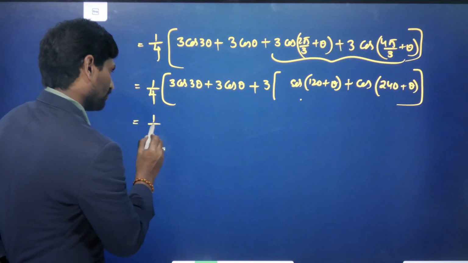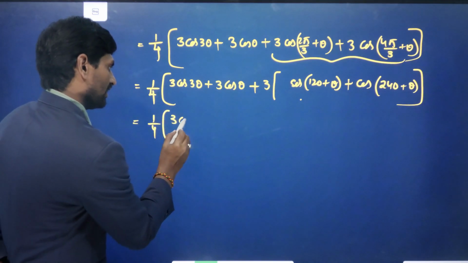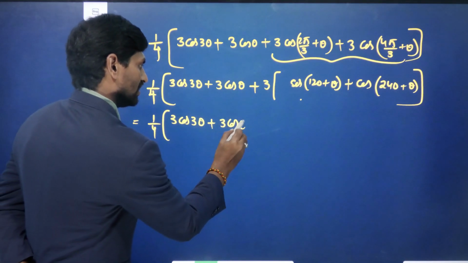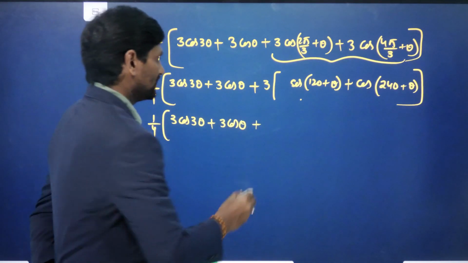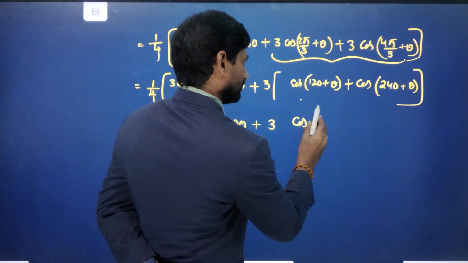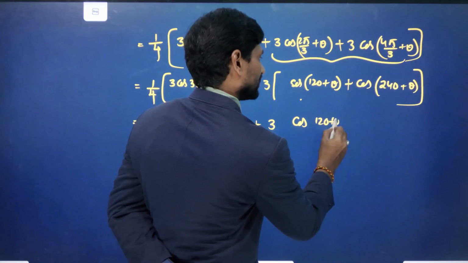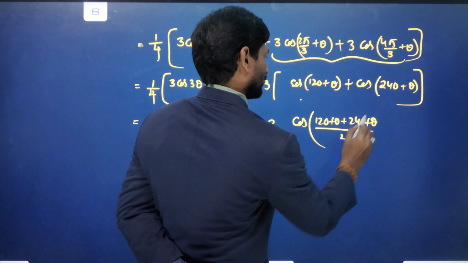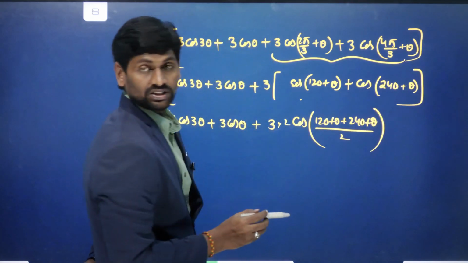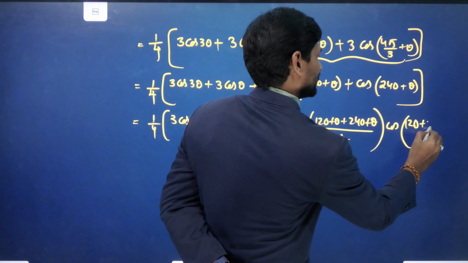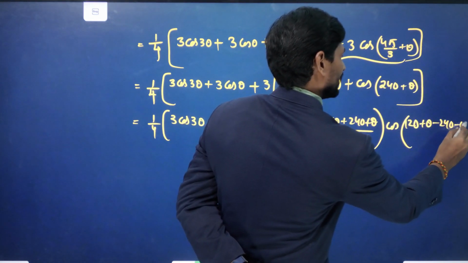That is equals to 1 by 4 [3 cos 3 theta plus 3 cos theta plus 3 into cos plus cos]. We are writing that cos a plus b by 2. So 120 plus theta plus 240 plus theta by 2. That means 2 cos cos formula. 120 plus theta minus 240 minus theta by 2.